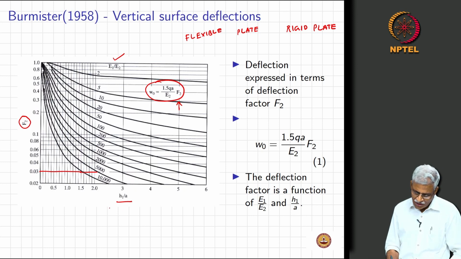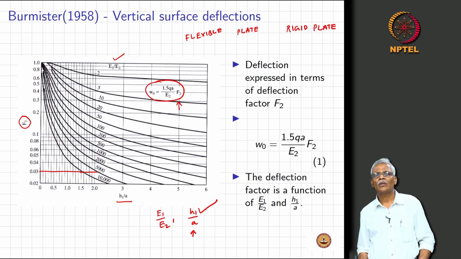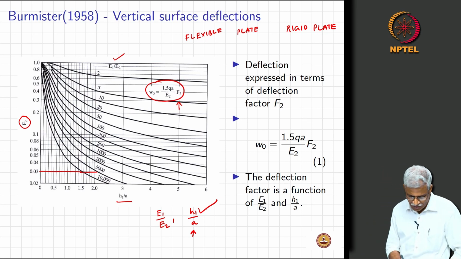So you can change the value of E1 by E2, or you can change the value of H1 by A. Since A is constant, you are talking in terms of increasing the thickness of the layer. So if you really want to do it, you can keep moving up. See, this is the most important thing here.